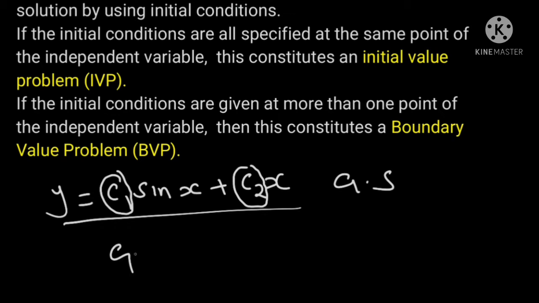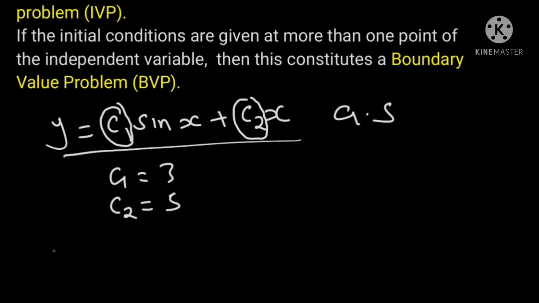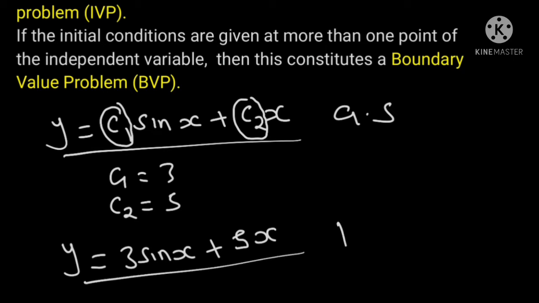Suppose c1 equals 3 and c2 equals 5. Then we can write y as 3 sine x plus 5x. This is a particular solution because the arbitrary constants c1 and c2 are specified.